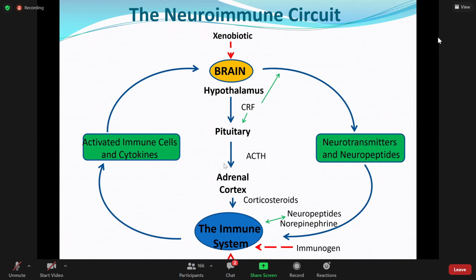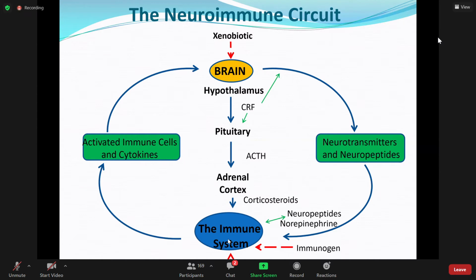The best worked out system is the hypothalamus pituitary adrenal axis. This loop is shown in this figure. If we first focus at the bottom of this loop, where the body gets invaded either through infection or through physical trauma, it activates the immune system.